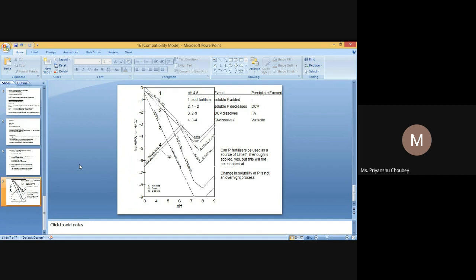Type one is blocky. In blocky structure, all three dimensions of the peds are about the same size, providing the shape of a block having flat and rounded faces. These peds are further divided into angular blocky and subangular blocky.